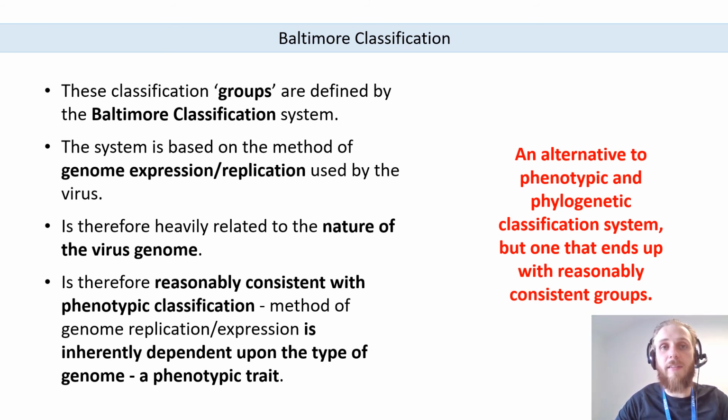The reason is the Baltimore classification system is based specifically upon the way viruses transcribe and translate their genome.